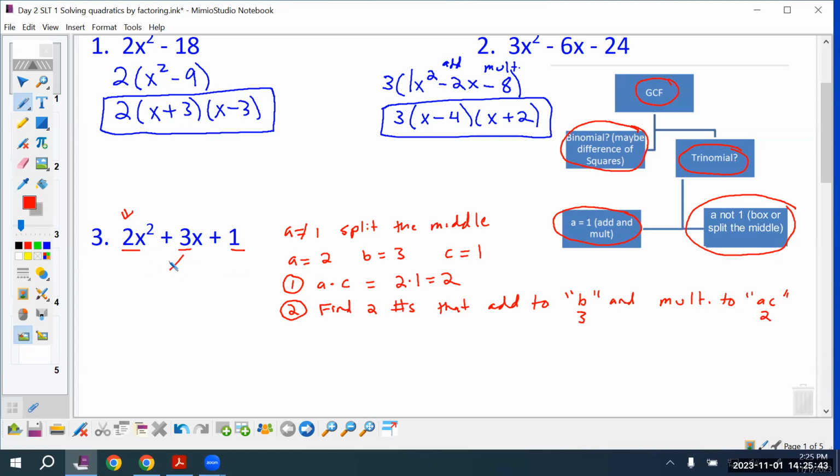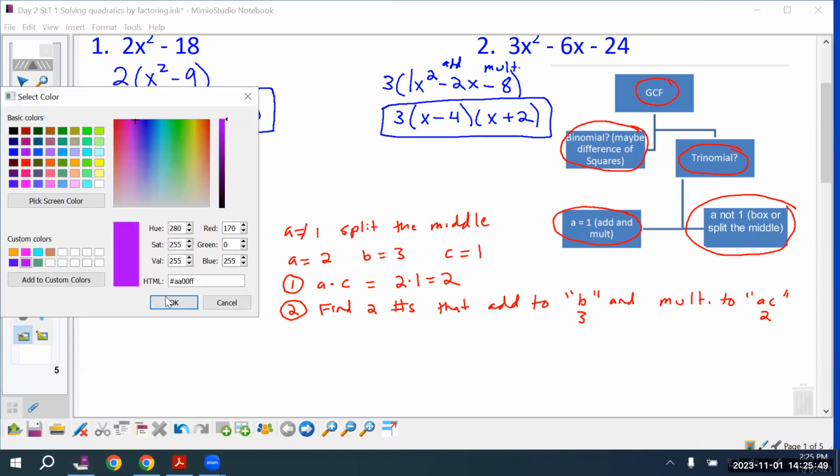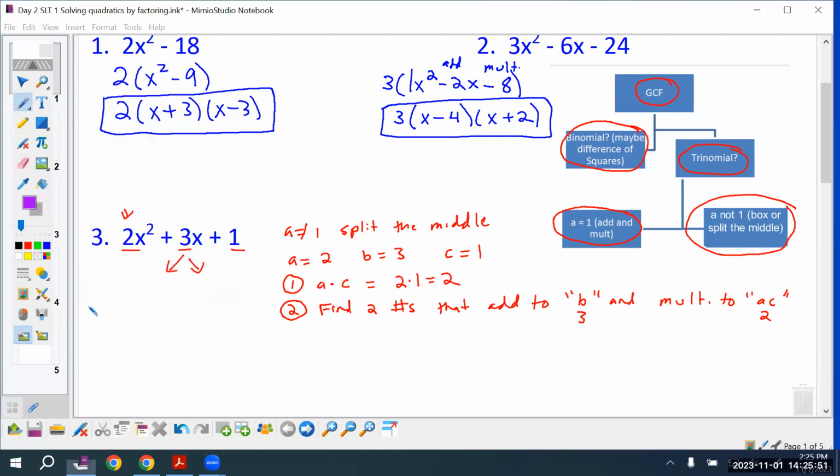So what I'm going to do is literally take this middle term and split it. I'm going to keep the 2x squared, and the 3x I'm going to split to 2 and 1. Okay, those are my two numbers. 2 and 1 add to 3 and multiply to AC. Then everything else just gets brought down.